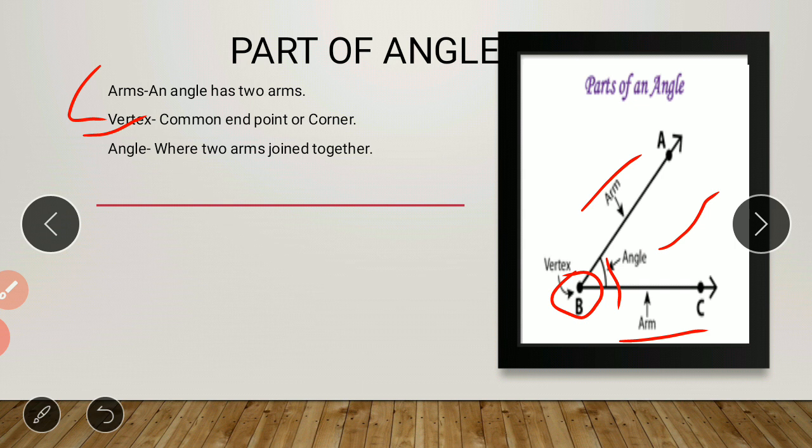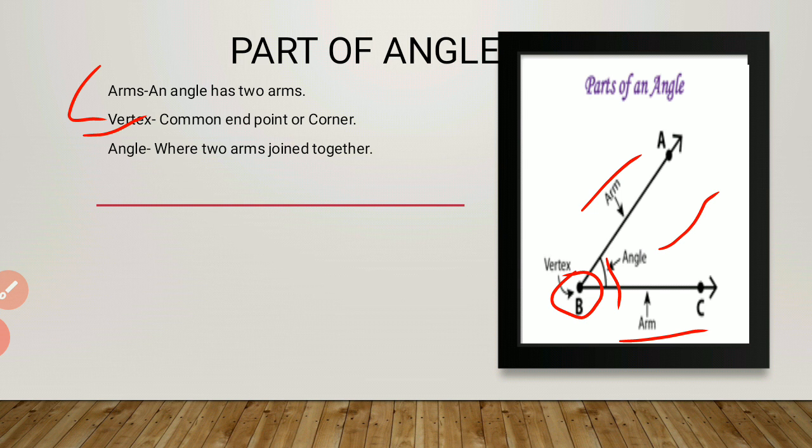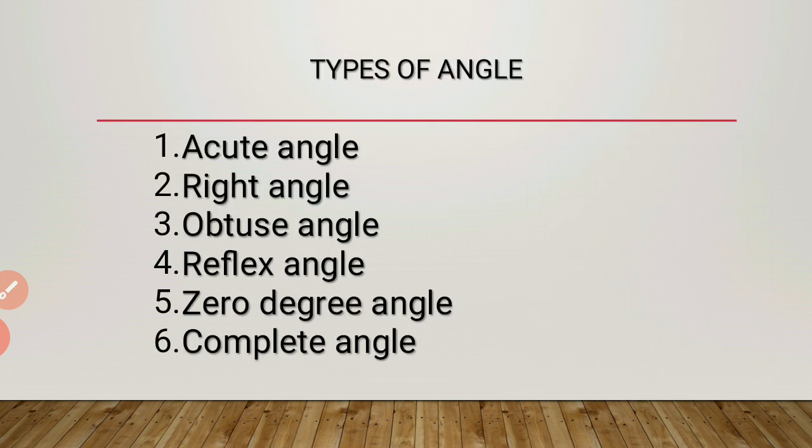So these are the parts of angles. An angle has two arms, and a vertex, a common end point or corner, you can call it corner also. The two arms are joining together and the inside part is called angle.